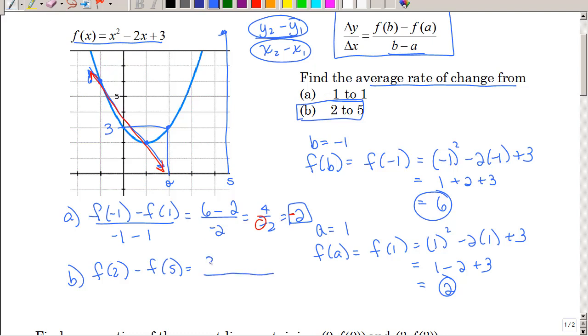So I know it would be 3 minus something divided by 2 minus 5. And I'm going to let you get that answer. And would it be positive or negative? If I had a slope of a point here and somewhere probably up there, not too sure where, would that line have a positive slope or a negative slope?